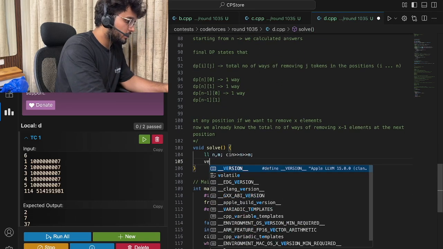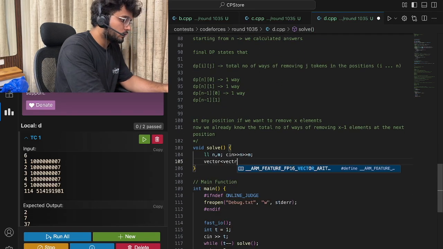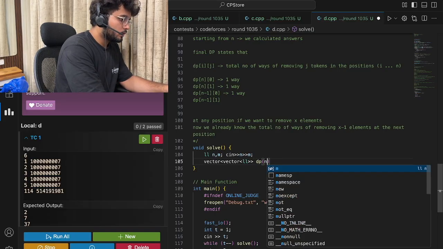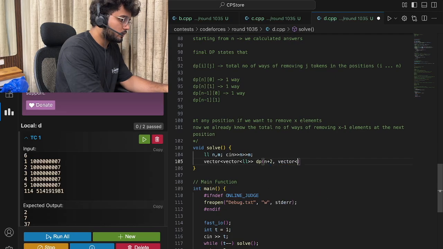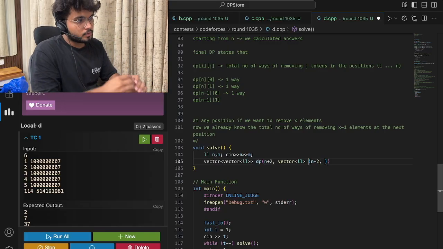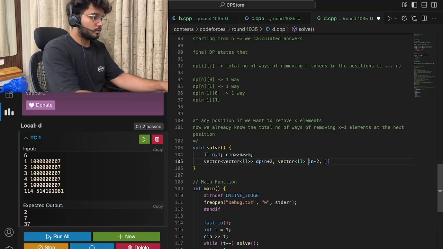Let's first define a dp: n plus 2 vector of long long. Why am I doing n plus 2? Because I wanted to start with n plus 1, which is the position after the final position. Why?